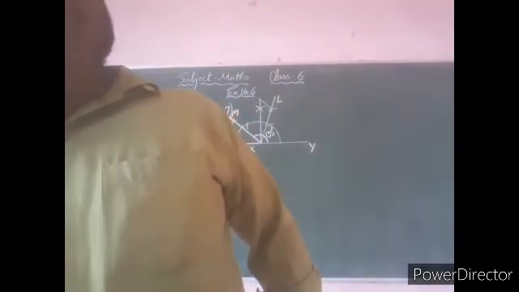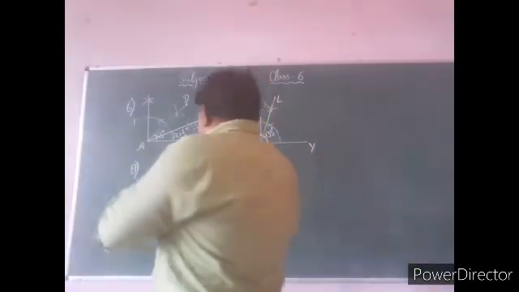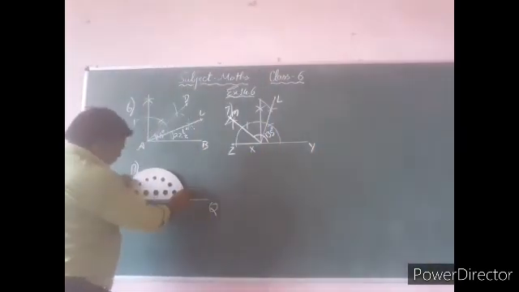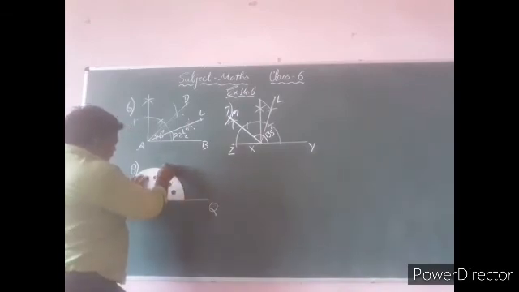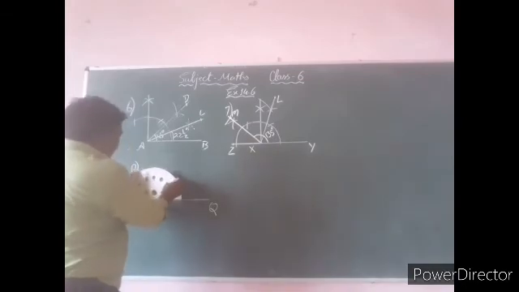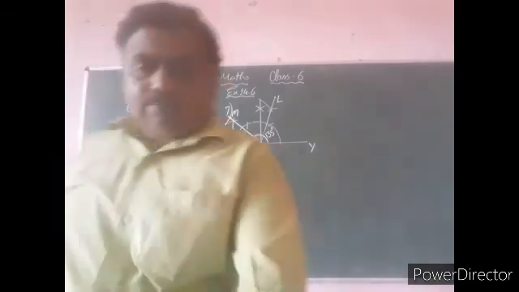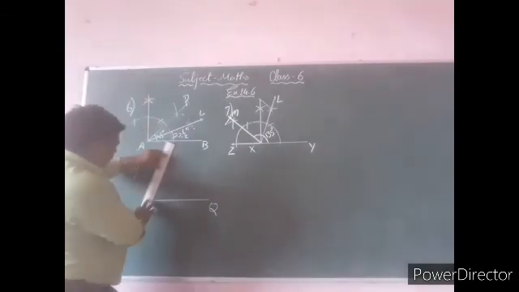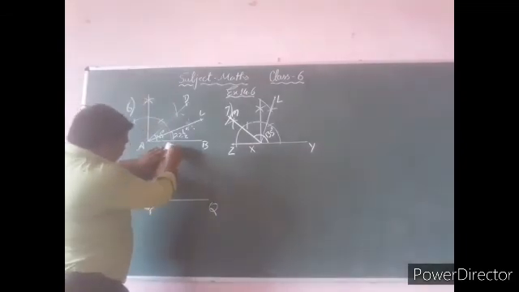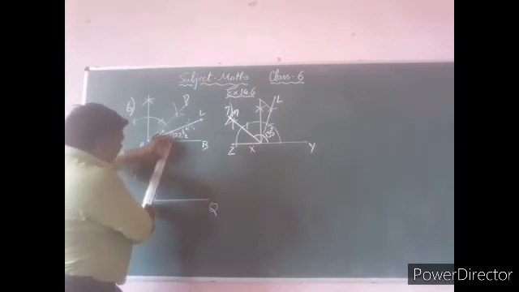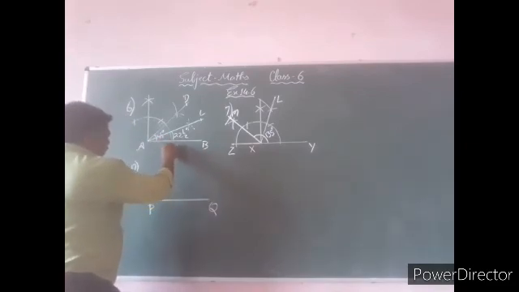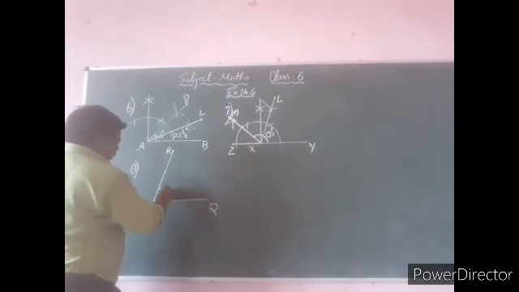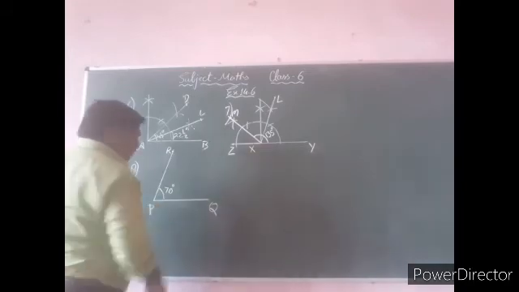First of all, make an angle of 70 degree. This one 70 degree. Take a point here. This is PQR. This is 70 degree.